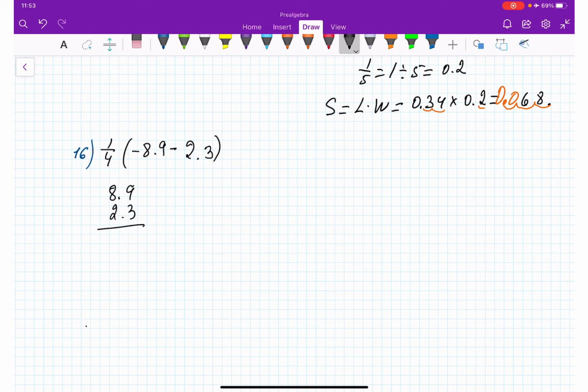I will put a reference to the template on how to add or subtract, so whoever needs to refresh their memory can use it. When we add, 9 plus 3 is 12, 1 in mind, 8 plus 2 is 10, and 1 is 11. Okay. The decimal notation comes here, right?